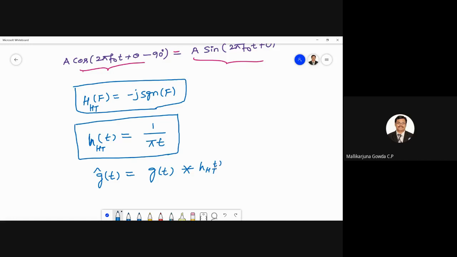That is nothing but g of t convolved with 1 by pi t. As homework, show how, by taking the inverse Fourier transform of minus j sgn of f, you get 1 by pi t. That is why you should have the basics from lower semesters. Take 5 minutes and you will be able to prove this. How do I get this one?